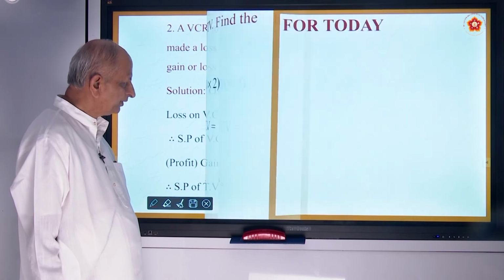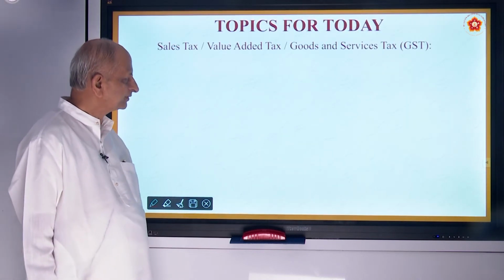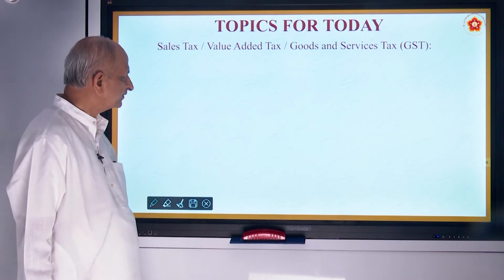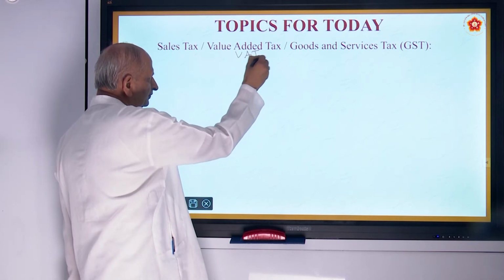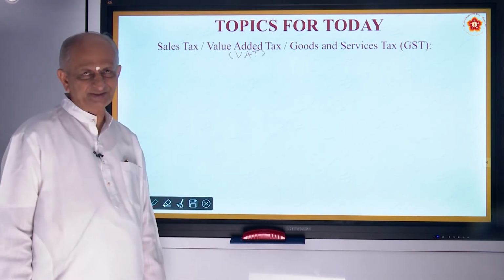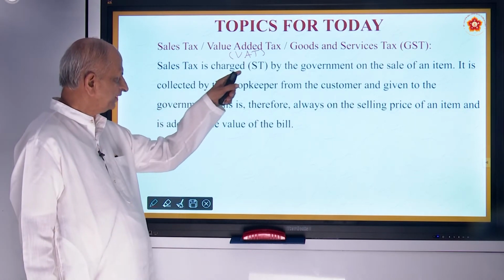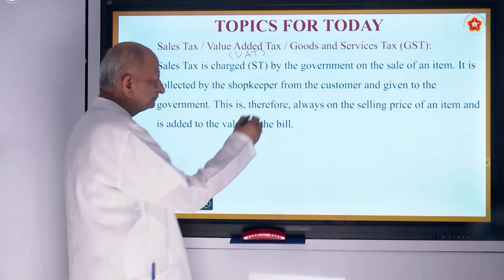Okay. Now coming to today's topic. Sales tax, value added tax, goods and service tax. This is also called VAT. So there are taxes charged. Sales tax is charged, you call it ST, by the government on the sale of an item.